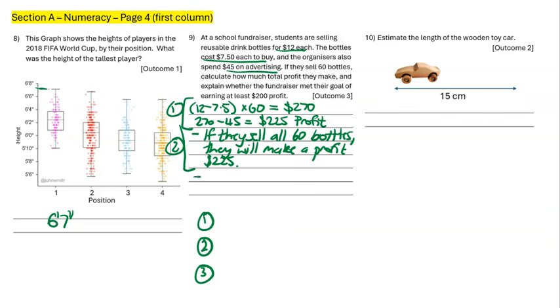And then the third one, this is us answering the question. Basically, do we think they're going to earn at least $200? And in this case, yes, we think they do. So the school fundraiser, or rather the students, will likely meet their fundraising goal of $200 of profit.